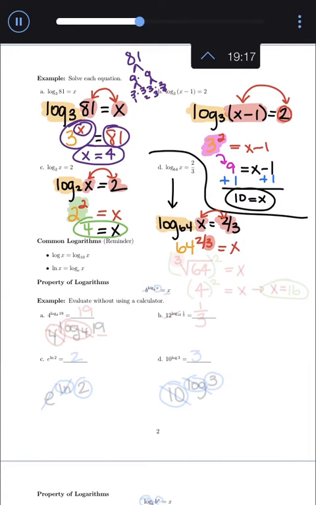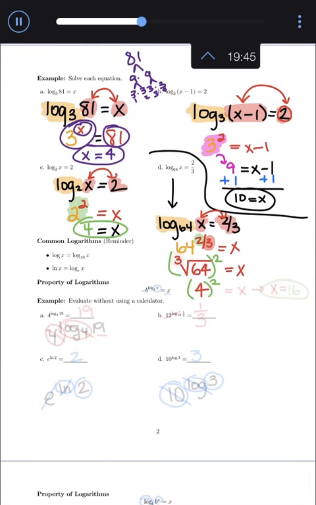Well, they still expect me to figure out what this equals. The 3 on the bottom tells me I'm going to do a cube root of 64. Well, the cube root of 64 is just 4. Not quite done though. I've forgotten the 2 on top, which tells me I need to square whatever it is I'm getting.